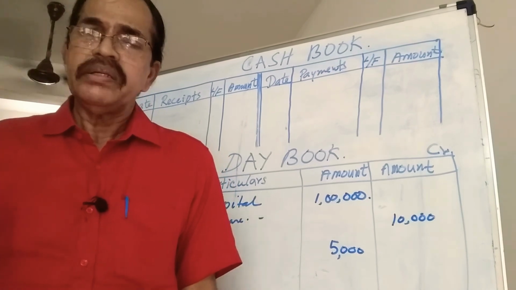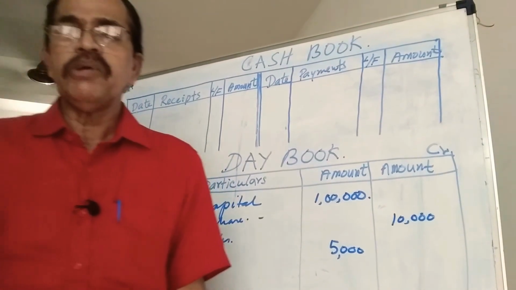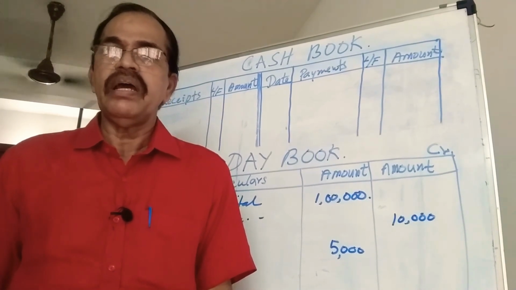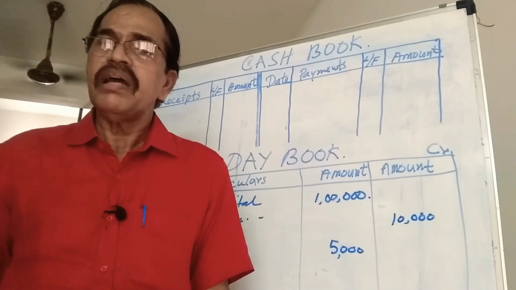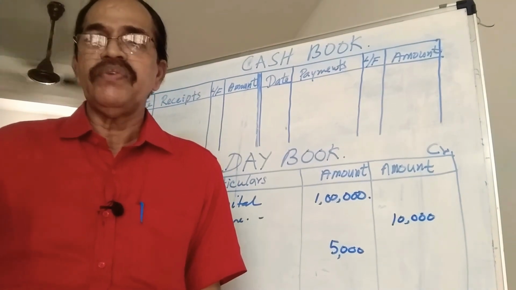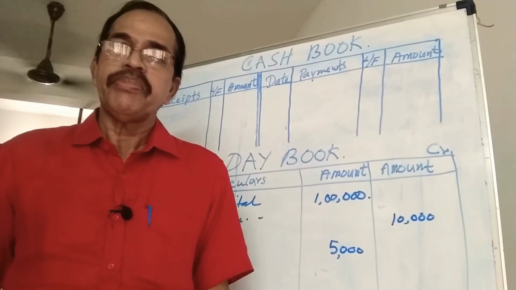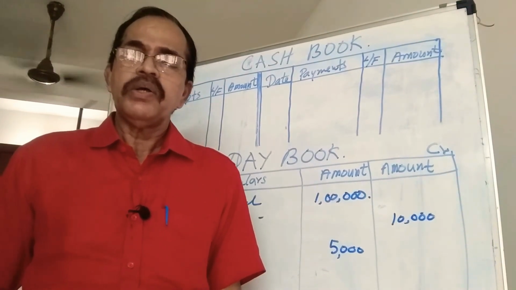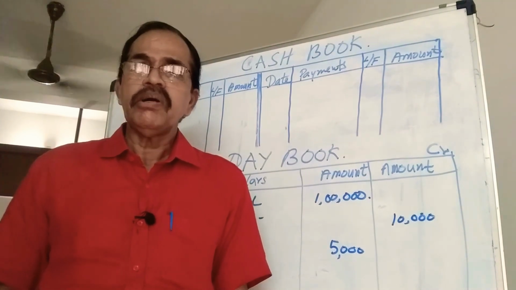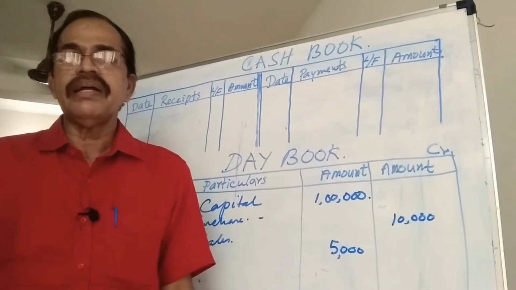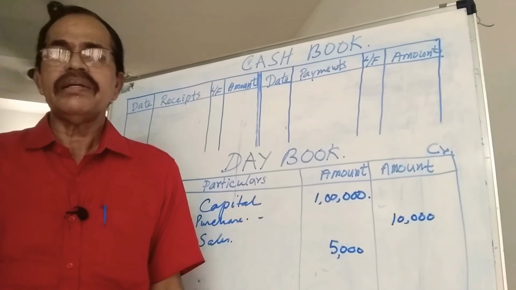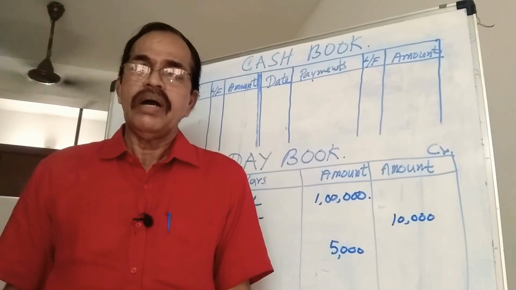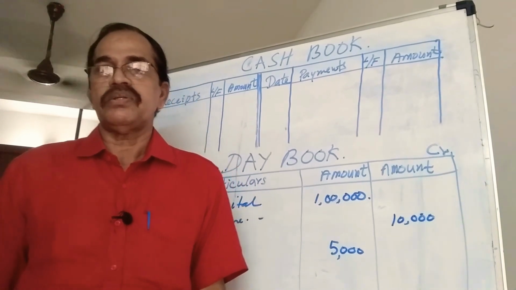And at the end of the day, when cash book is balanced, we get the cash in hand. And that cash in hand should be checked with the actual cash balance that is available in the business. Now, I told you earlier, in the day book we can record even credit transactions. And let us see how credit transactions are recorded in the day book without affecting the cash balance.